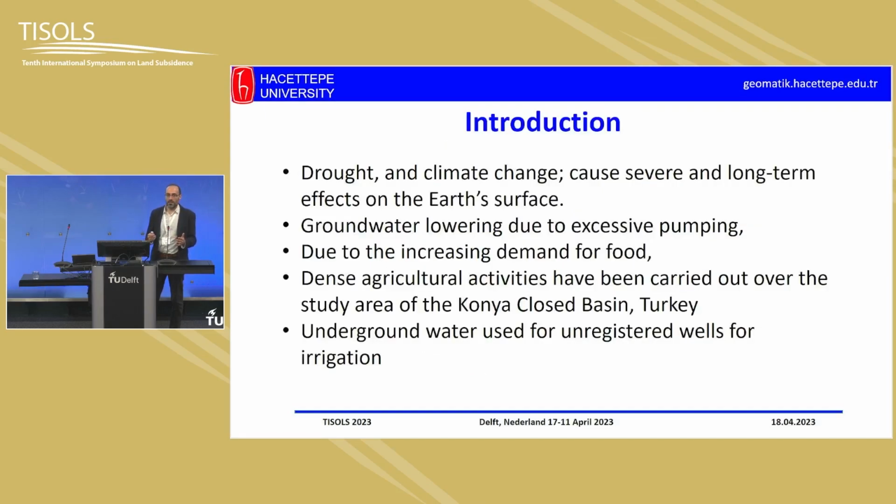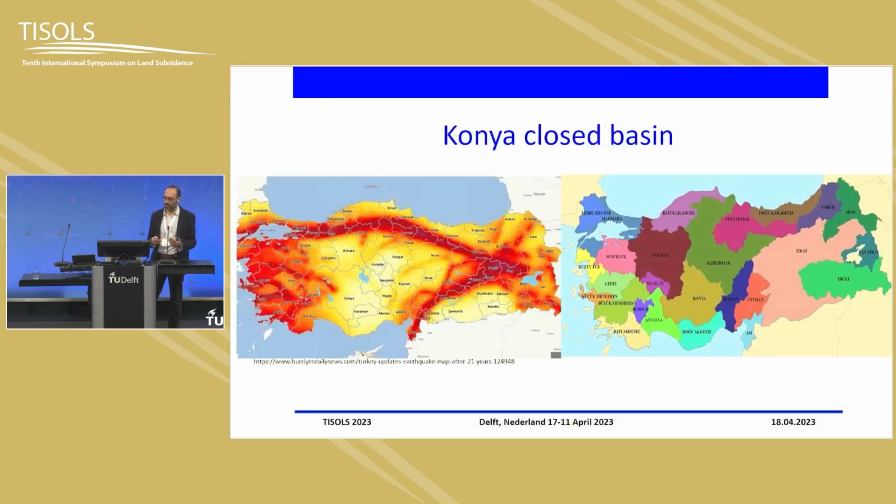Drought and climate change are causing so many problems over the Earth's surface, and in Turkey, groundwater lowering is causing a lot of subsidence over the surface. Mostly, this is caused by dense agricultural applications.